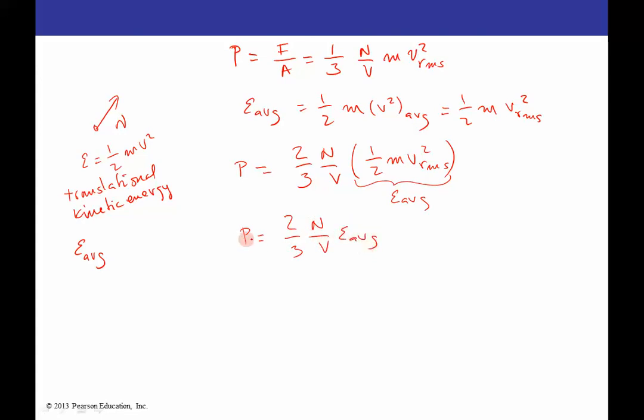So therefore I'm relating the pressure with the average energy of the particles. And I can go even further and write that PV is equal to 2/3 N E average, right?